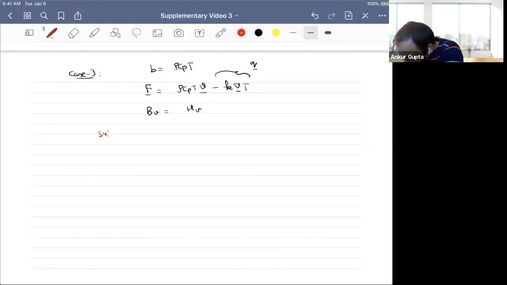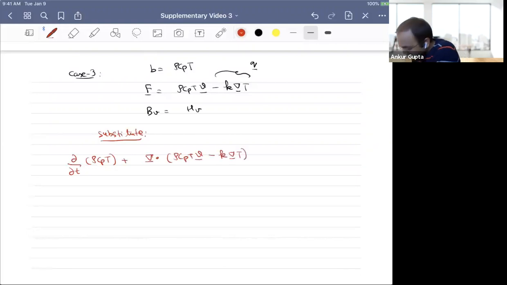Now we'll substitute back. We get ∂/∂t of rho Cp T plus del dot (rho Cp T V minus K grad T) is equal to HV.